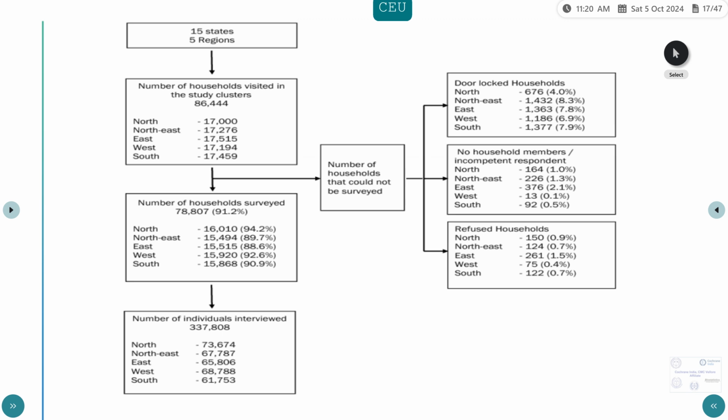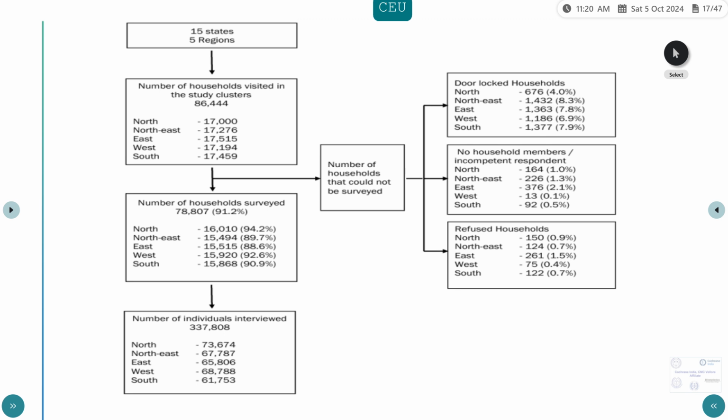So this is the consort diagram that they have shown. They have taken 15 states with 5 regions. And in each study cluster, they visited these many households. Then some households were non-responders because either their doors were locked, or they did not want to participate in the study, or there were no household members there, or they had an incompetent respondent.